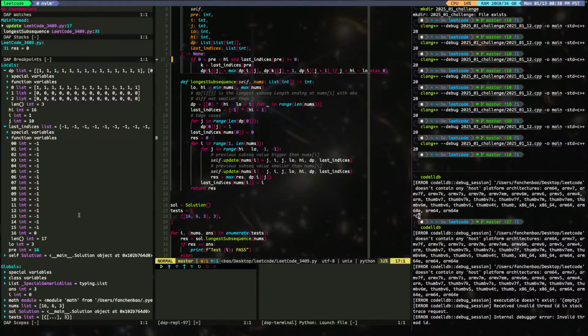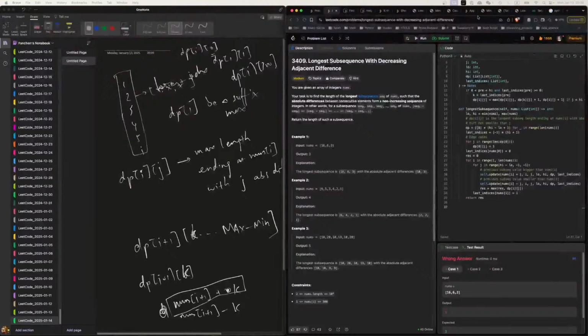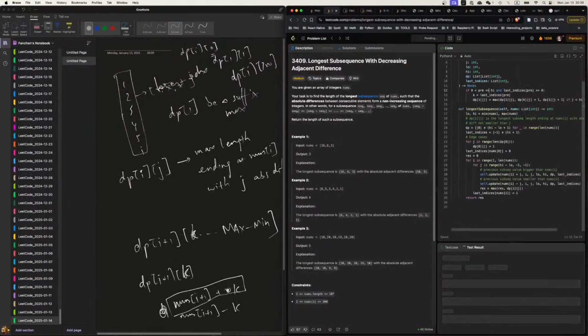Yes, pre is 16. Oh, smaller or equal to high. God, Lord. That should be smaller or equal to high, because a 0 we cannot reach. Right, we cannot have 0, but it should be smaller or equal to high. Oh my god.